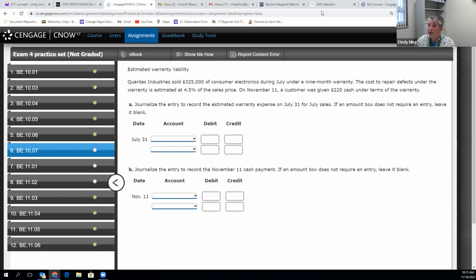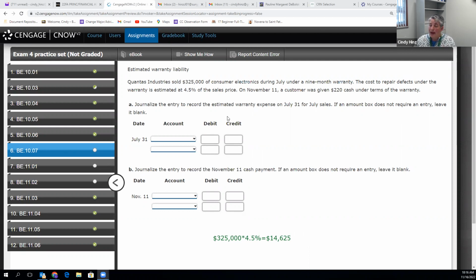So if I do that calculation, if our sales were $325,000 and we estimate that we're going to incur an additional cost of 4.5% of that amount, that is $14,625 that we estimate we're going to end up spending on warranty work, replacing or repairing defects under the warranty.